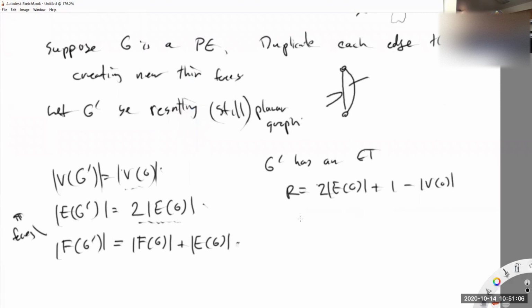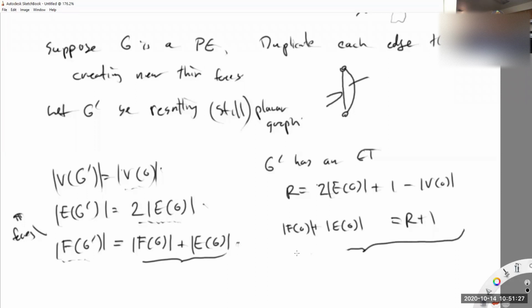That's one thing for R. The other thing for R is R plus 1 equals the number of faces in the new graph. The number of faces in the new graph is this quantity here, the original number of faces plus the number of edges of the original graph. And now if you take these two equations and solve and substitute, notice what you get here. Let me put a minus 1 here and erase this, and then just put the two equal to each other.